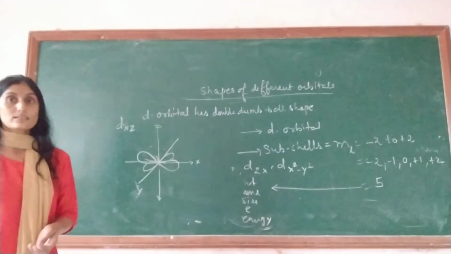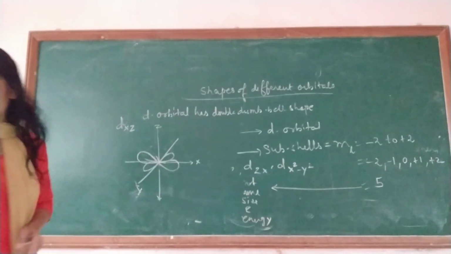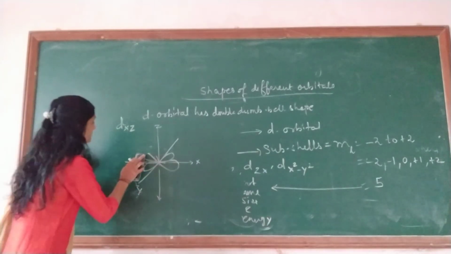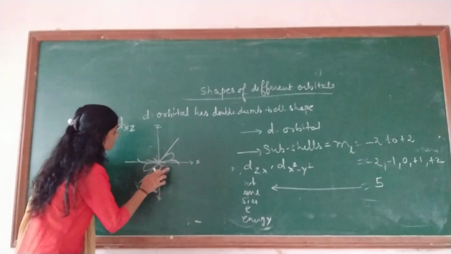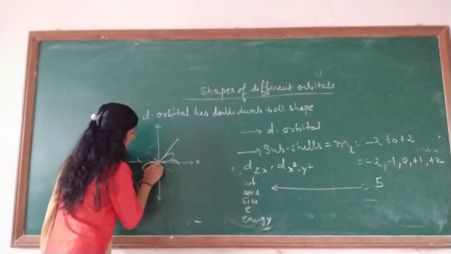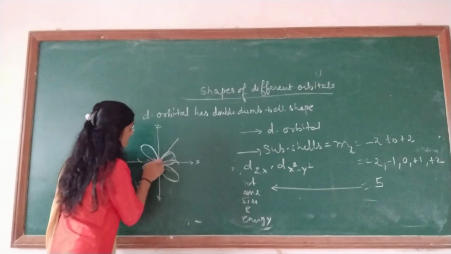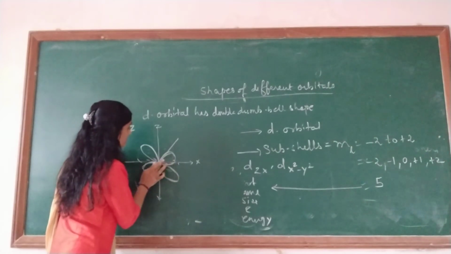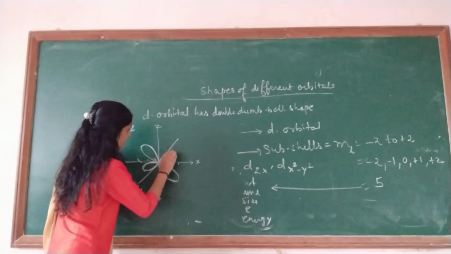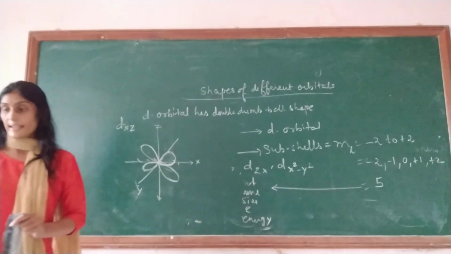If you have copied this, then we move to xz. Whatever the lobe is, it is there on x and on z. So you can see that it remains in between x and z. So that is xz.